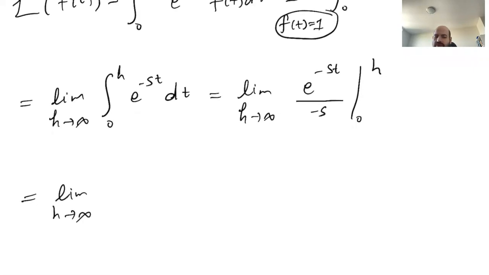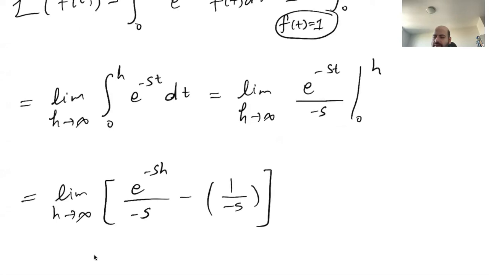We get limit h goes to infinity, e to power minus sh divided by minus s, minus, now if I replace t with 0, I'll get 1 over minus s, so minus 1 over minus s. And then this is 1 over s plus limit h goes to infinity, e to power minus sh divided by minus s.